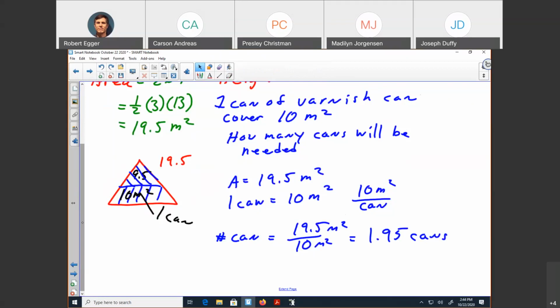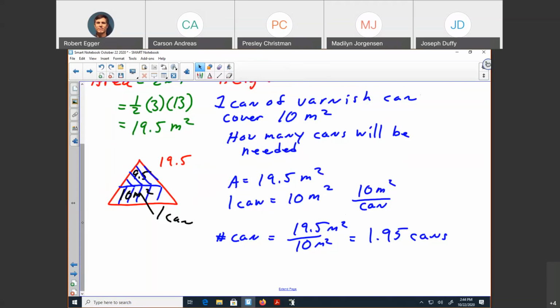I think most people, once they realize what the area is and what a can covers, take that area divided by what a can covers, and that tells you how many cans you have to have. Now here's the rub. The answer is not 1.95. That's how many cans you need. But if you go into Home Depot or Menards or Ace Hardware and ask to buy 1.95 cans of varnish, they're just going to laugh at you.